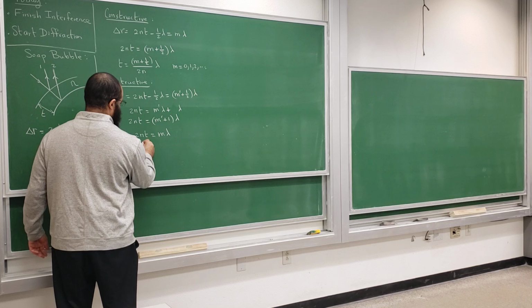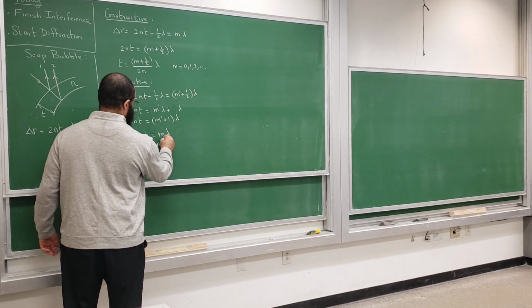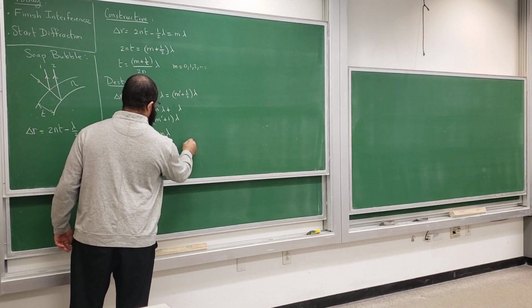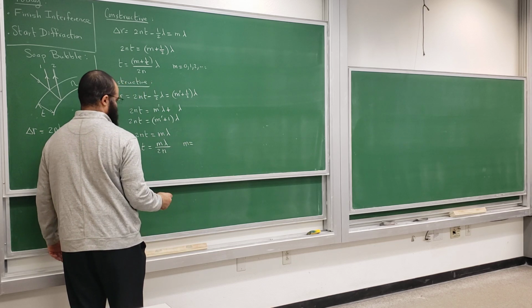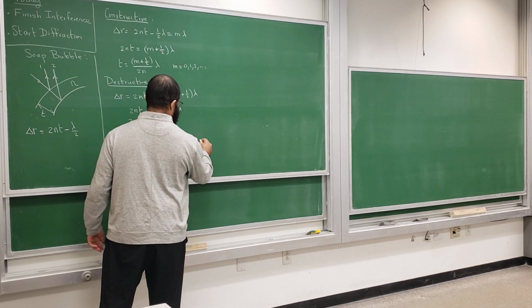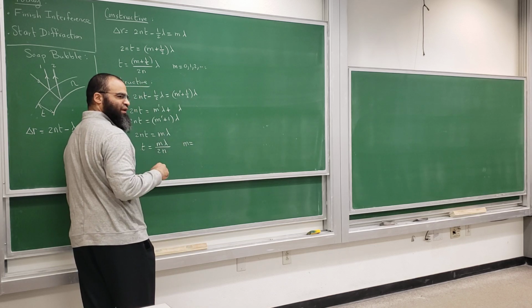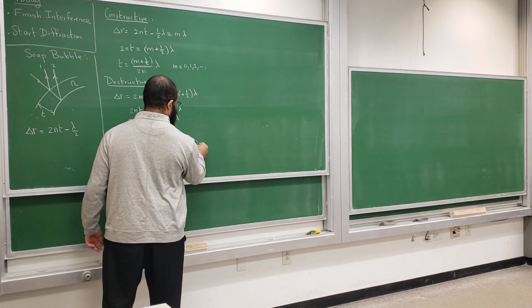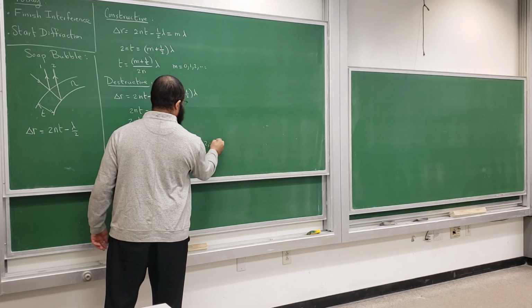And that means that t is equal to m times lambda divided by 2n. And what can we say about m? The thickness can be really thin, so it could approach 0. So I will allow for m equal to 0, 1, 2, and so on.